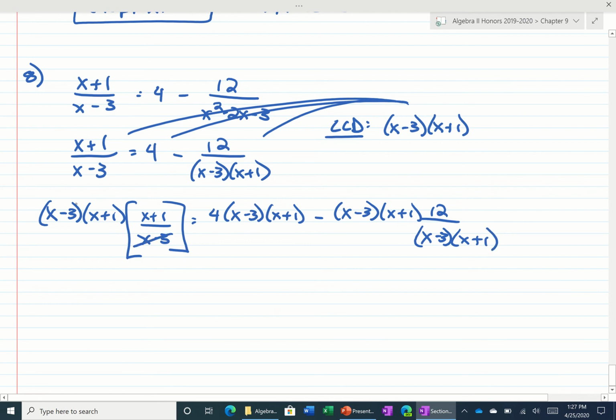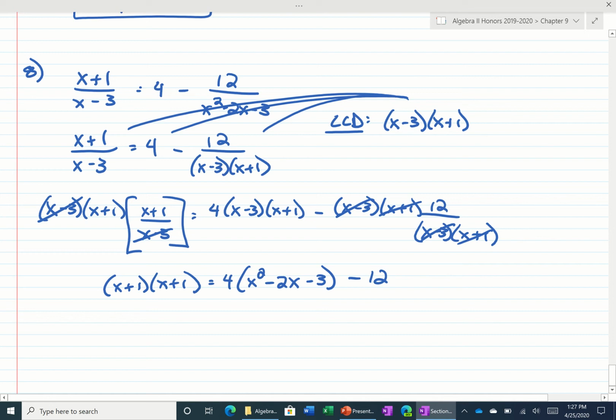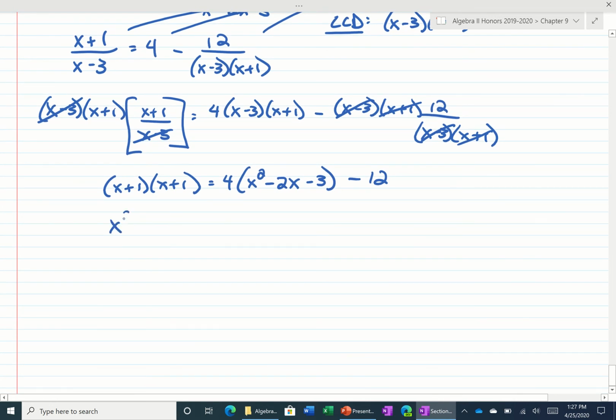Alright, so these would cancel. We're going to get x plus 1 times x plus 1. It's going to be 4 times x squared minus 2x minus 3 minus these cancel, 12. Alright, so it's x squared plus 2x plus 1 equals 4x squared minus 8x minus 12 minus 12.